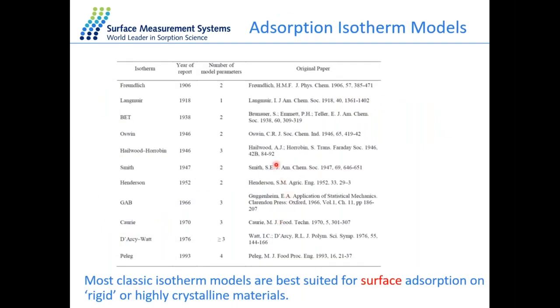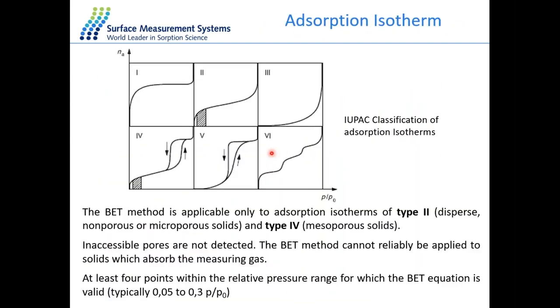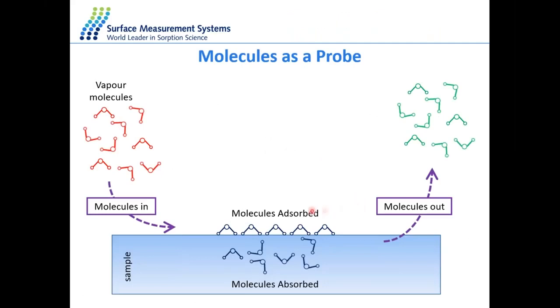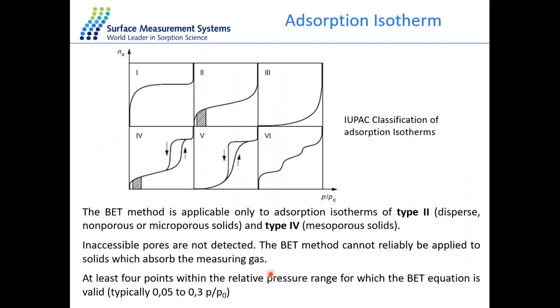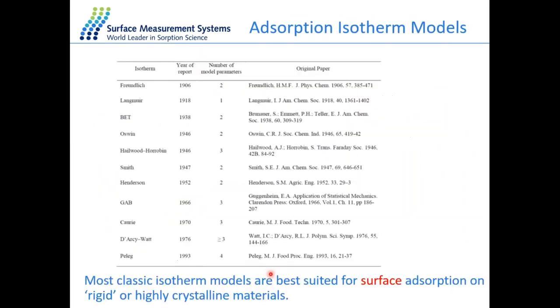So as I mentioned, the isotherm shapes, and these are based off of adsorption models only. So this is where the molecules only sorb on the surface. They do not penetrate or swell into the bulk. So just keep that in mind. And there are a wide range of isotherm models that are available. This is only a small snapshot of them. There are many, many more.